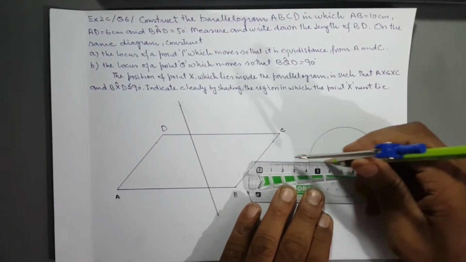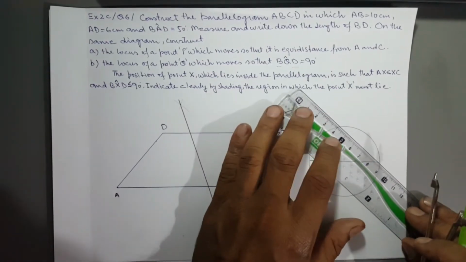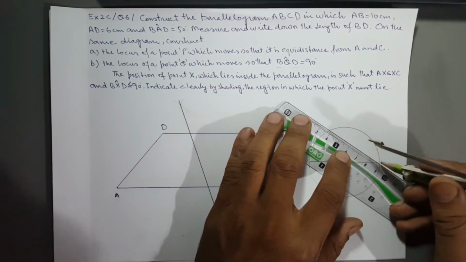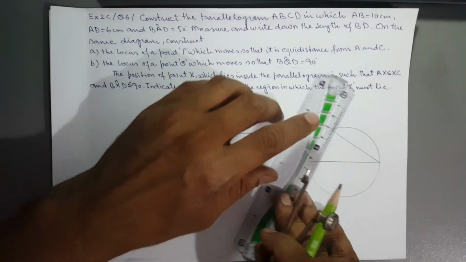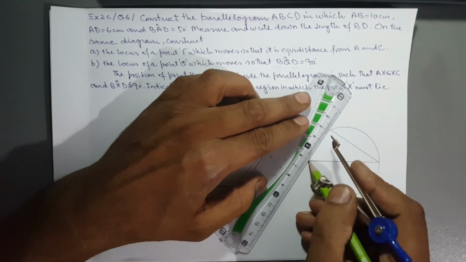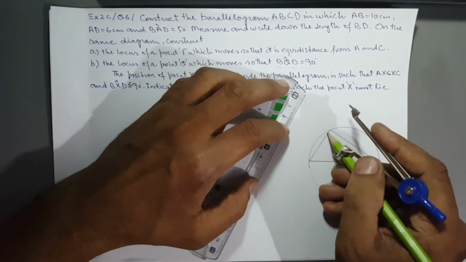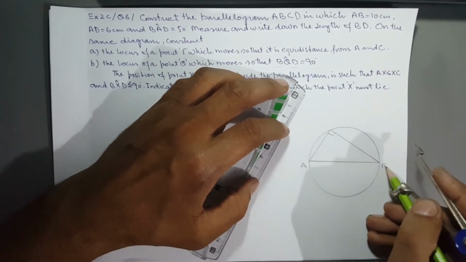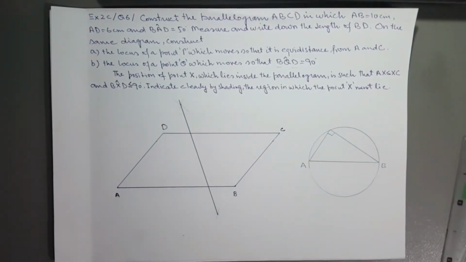This one is the diameter. This angle is 90 degrees. AB is the diameter and the angle subtended by the diameter is 90 degrees.